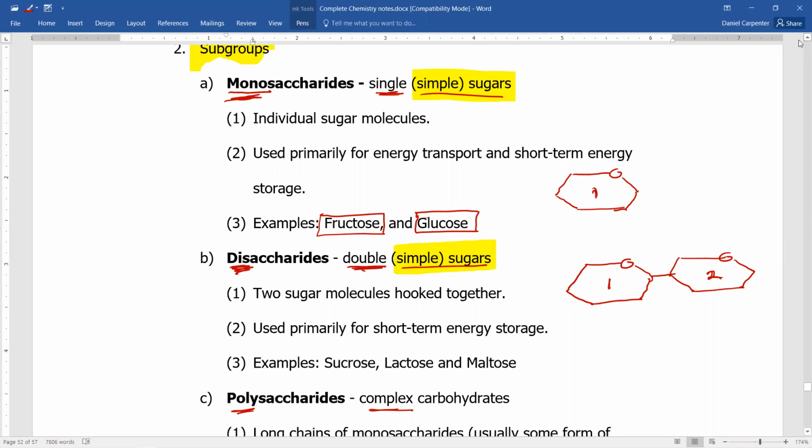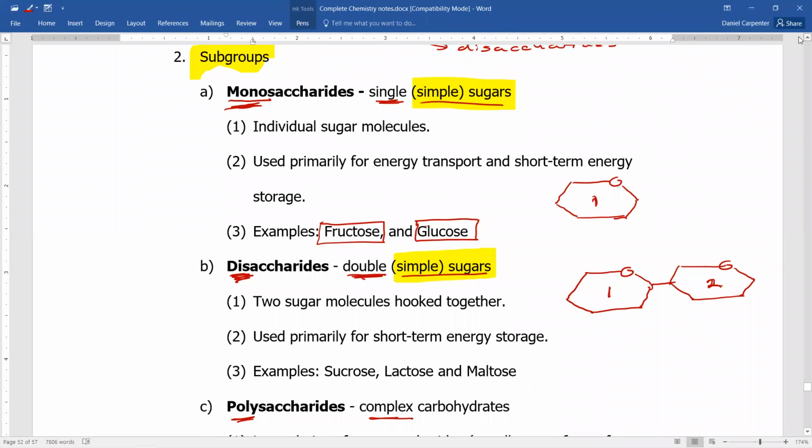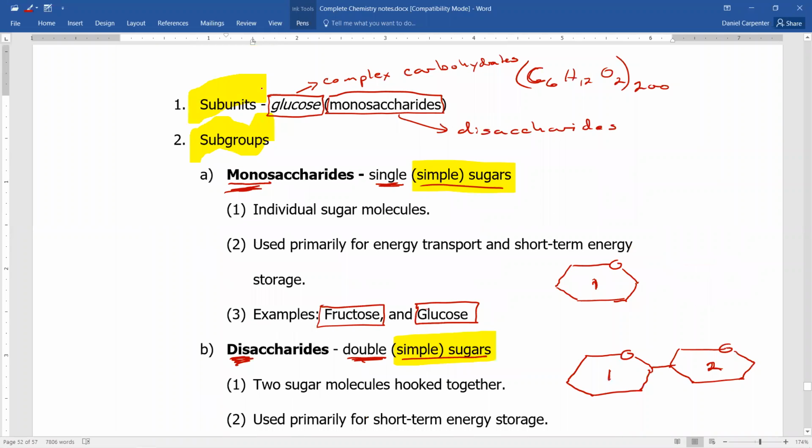And back up to here, let me emphasize this, and then I'll let you go. For the complex carbohydrates, the subunit is glucose, which is a monosaccharide, but it's a specific monosaccharide. The subgroups for disaccharides are different combinations of monosaccharides.